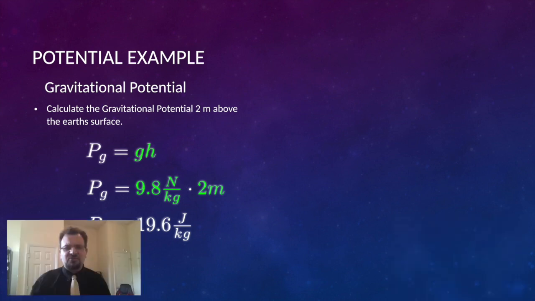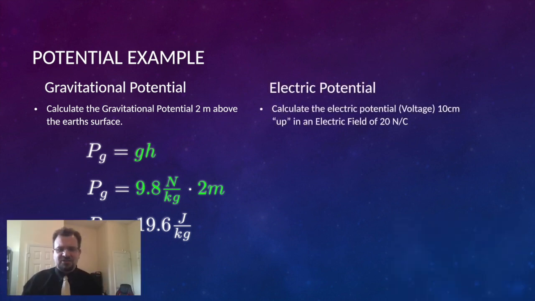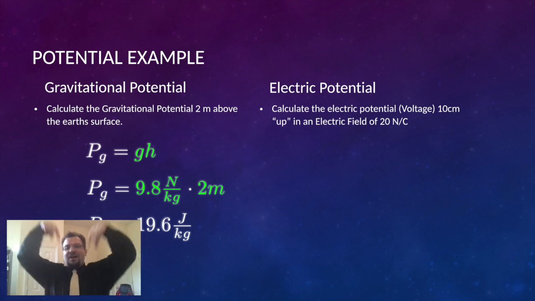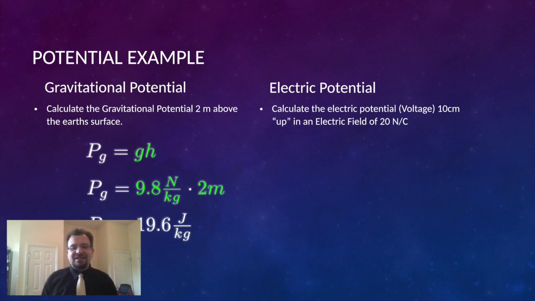Let's see how this works for electrical potential. So calculate the electric potential, the voltage, 10 centimeters up in an electric field of 20 newtons per coulomb. So these are the same numbers that we've been using. So the reason why I said up is because in a gravitational field, down is defined as the direction that the gravitational field lines are going.